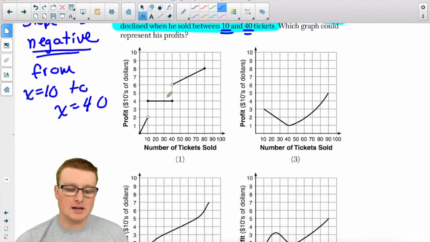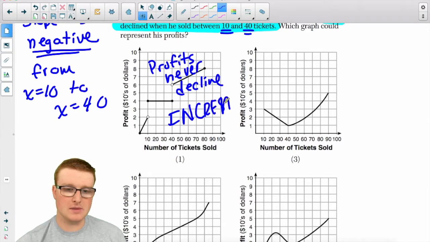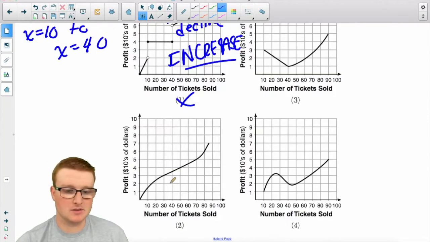Choice 1, I don't see profits ever declining. So this is, well, profits never decline. It's increasing. So that doesn't make any sense. So choice 1's out.